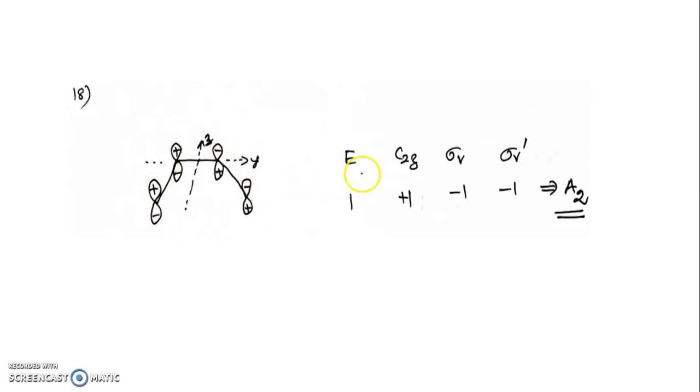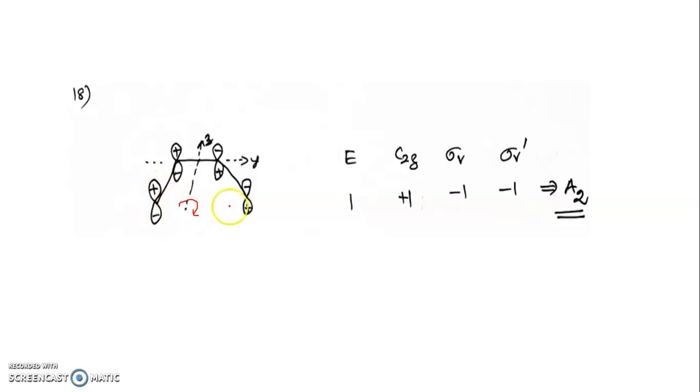Now we have to carry out the operations. When you do the identity operation, identity means doing nothing, so the signs of all the lobes remain as such, therefore it gives +1. Then to carry out the C2Z operation, this is the Z axis. Along the Z axis, you rotate the molecule by 180 degrees. If you rotate, what will happen? Here I have a positive lobe above and a negative lobe below, right?